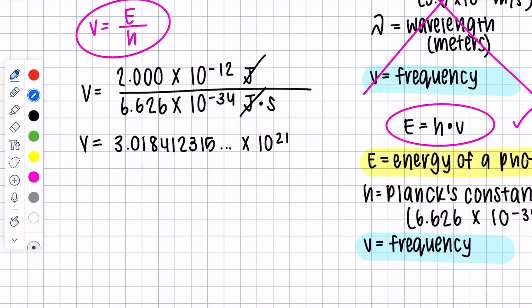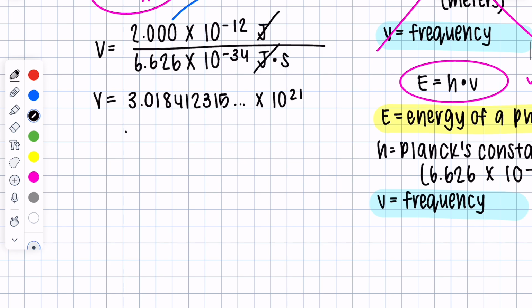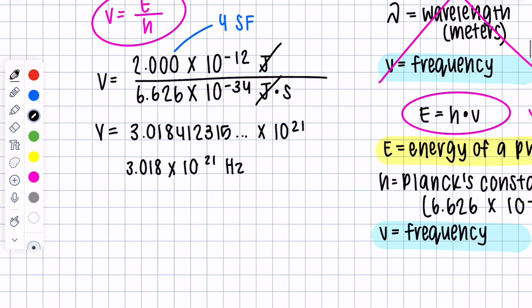In this case, both of them have 4 sig figs, so we're going to make sure that our quotient also has 4 sig figs. So we get 3.018 times 10 to the 21st power, and then our unit is hertz. Let's go ahead and check if that was the right answer. Yes, all right. So that is how we solve this problem.